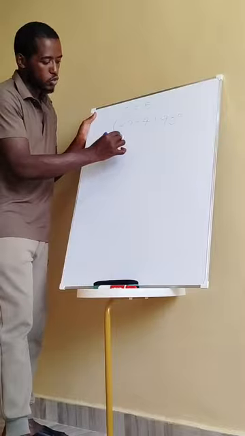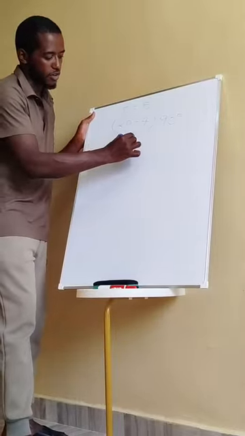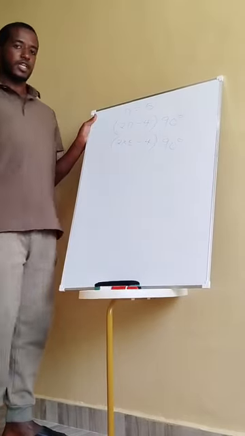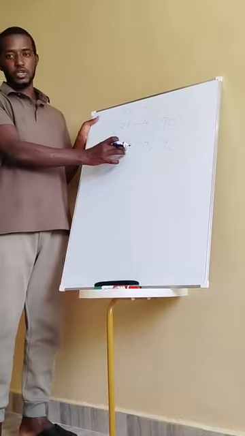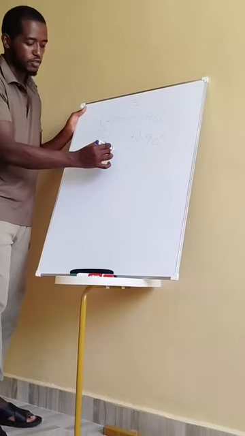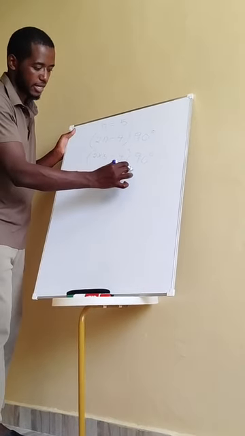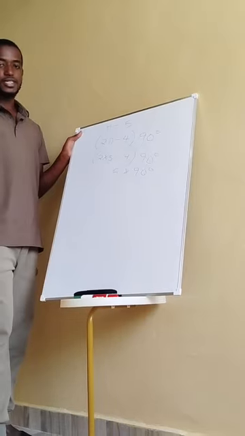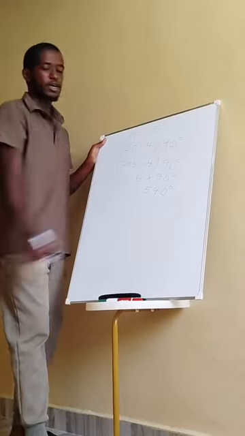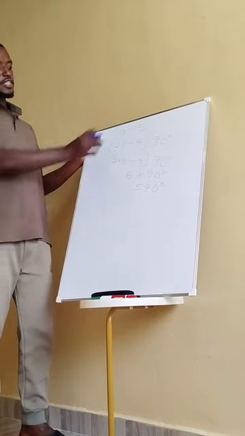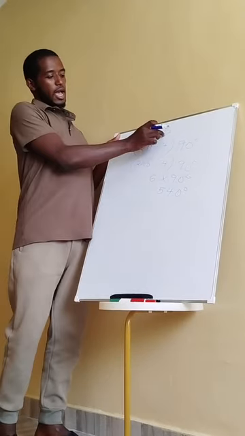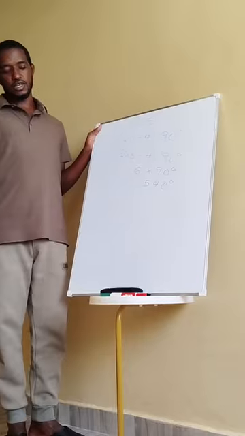So 2n means 2 times n, which is 2 times 5, minus 4, times 90 degrees. The same, we start by multiplication, then we subtract. So 2 times 5 is 10, minus 4 is 6, times 90 degrees. 6 times 90 gives you what? 540 what? Degrees. Therefore, the sum of interior angle of a pentagon is 540 degrees.